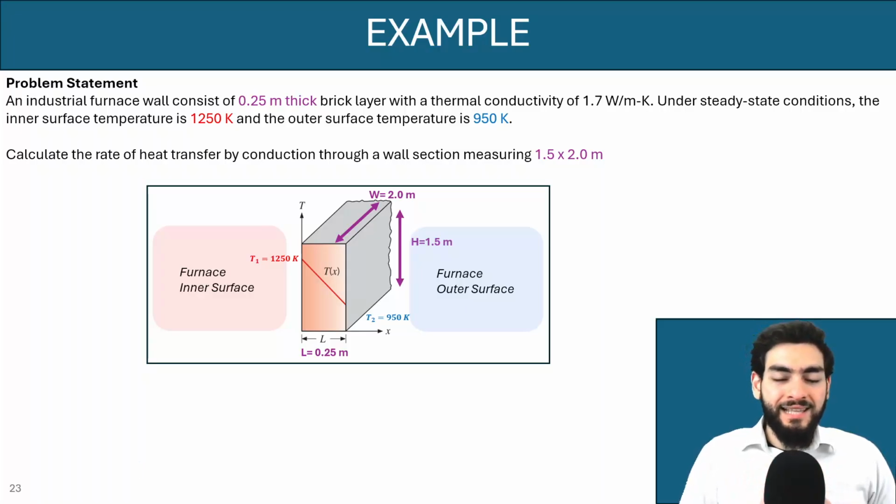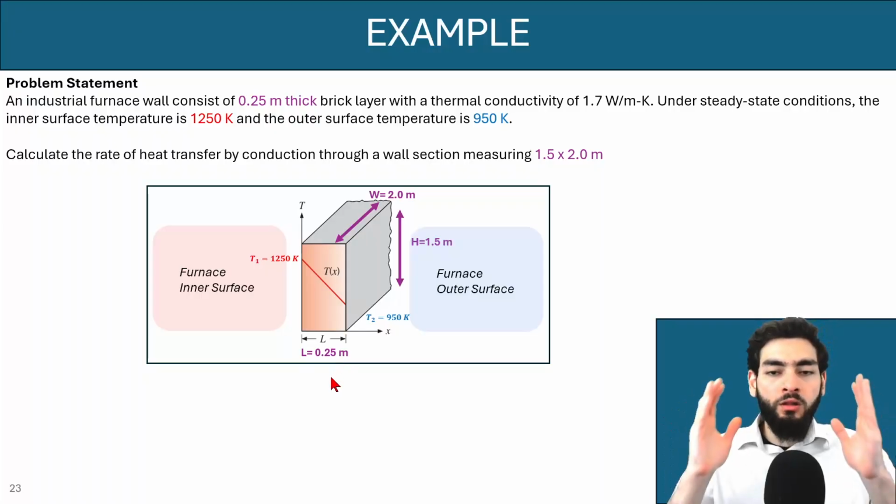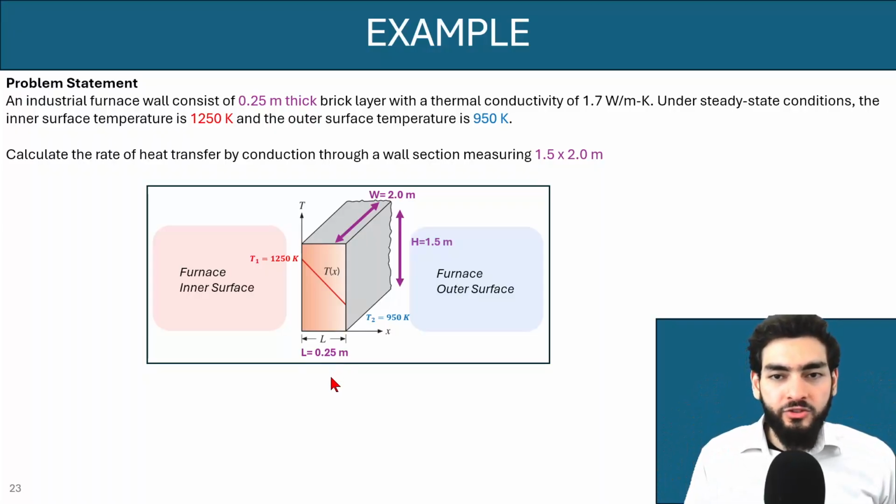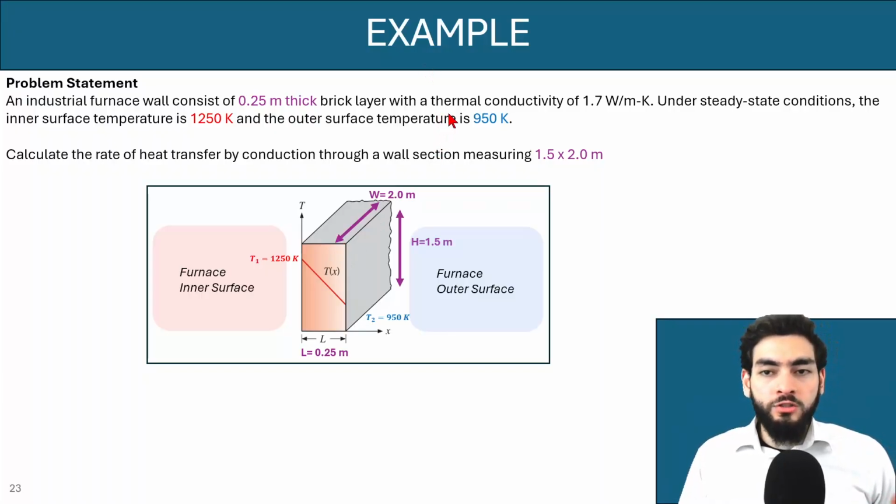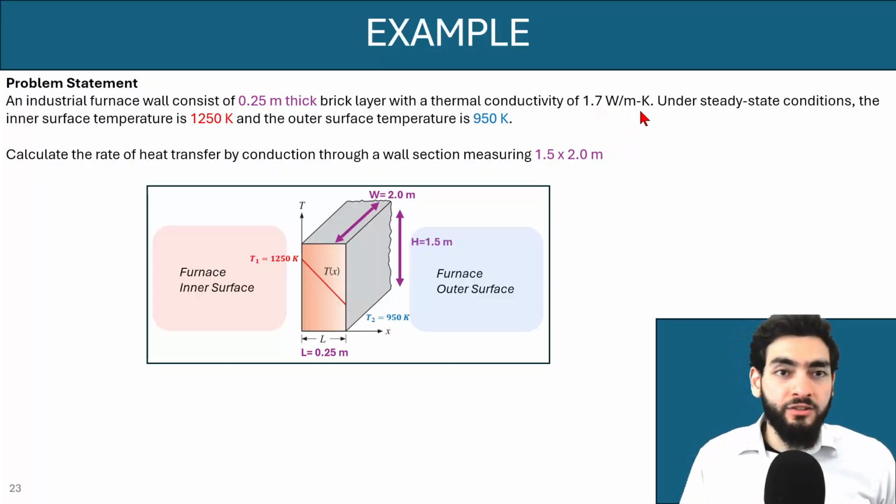So let's look at an example problem for conduction. Assume you have an industrial furnace wall that consists of 0.25 meters thick brick. If you look at this image, you have a length of the wall that is 0.25 meters, and assume that the wall's thermal conductivity is 1.7 watts per meter Kelvin.